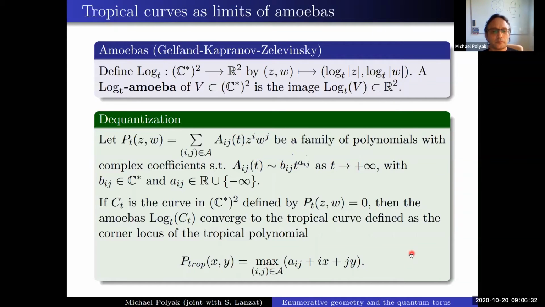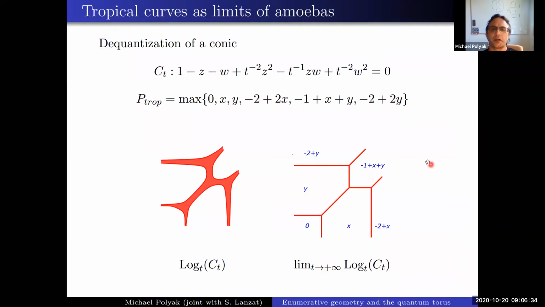Let me illustrate this on a simple example. You look at a certain curve. Here the coefficients depend on t, as you see. Some of them are fixed; they don't even depend on t. And then you translate all these monomials to terms in your tropical polynomial.